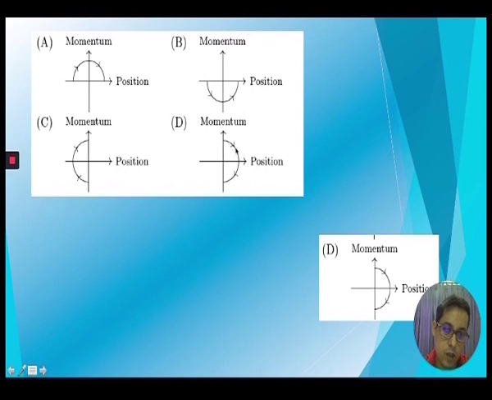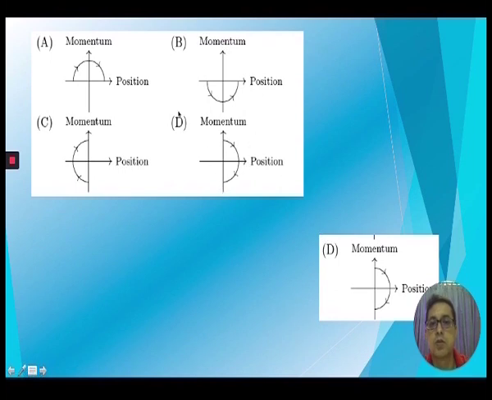It decreases and becomes 0 at the maximum position, and then it changes its direction and becomes minus mv0. So therefore this is the correct option.